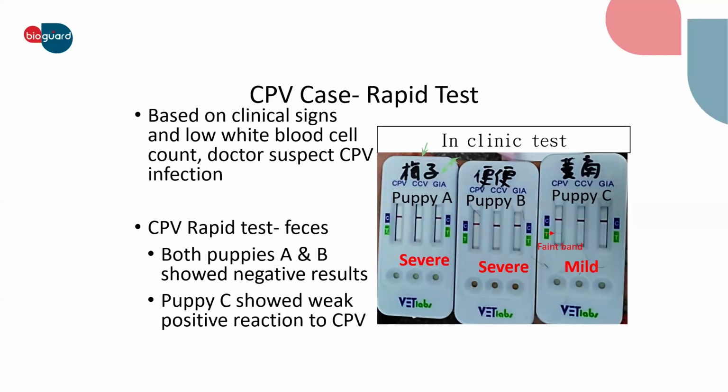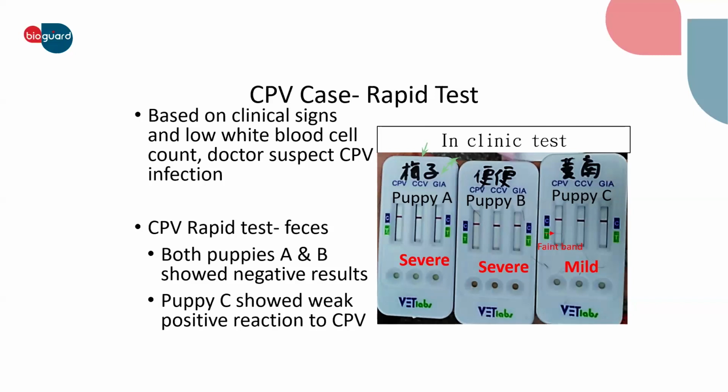For those 2 severe puppies, all the test results show negative. And for the third puppy, the one with mild symptoms, the CPV shows positive in this case.